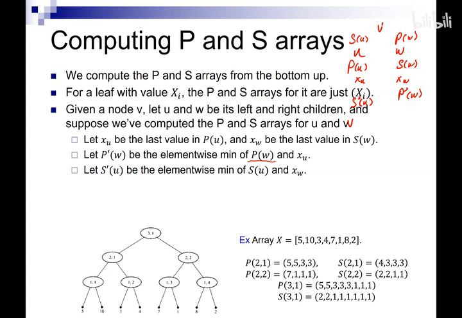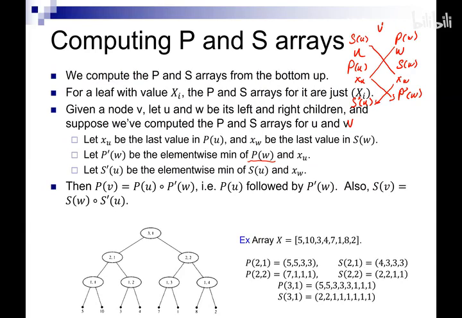We're going to take these two values and take their element-wise minimum, and this is going to produce for us this S prime of u over here. And then for this P prime of w, we take the element-wise minimum of these two values, and that's going to lead to this P prime of w over here.